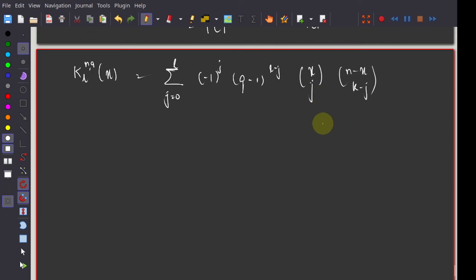So basically x choose j is x into x minus 1, x minus 2, up to x minus j plus 1, divided by j factorial. Similarly, n minus x choose k minus j is n minus x into n minus x minus 1 and so on, divided by k minus j factorial. So this will be a polynomial in x, correct?